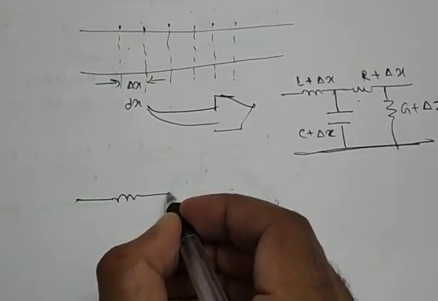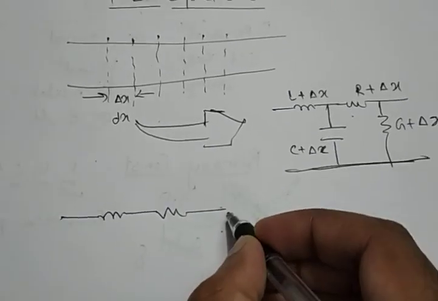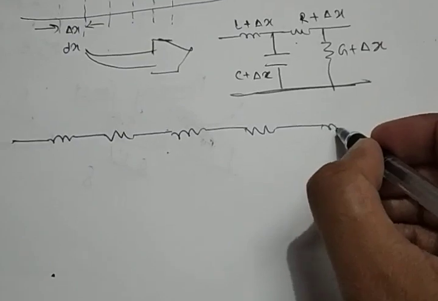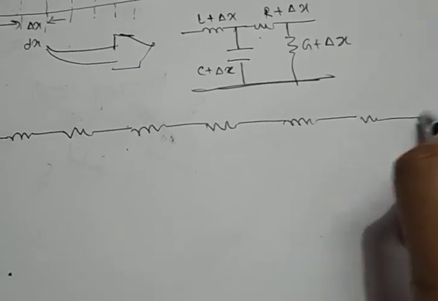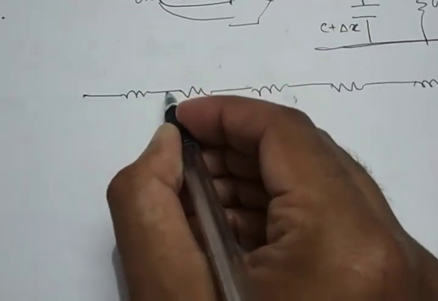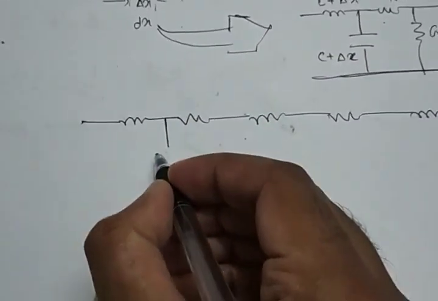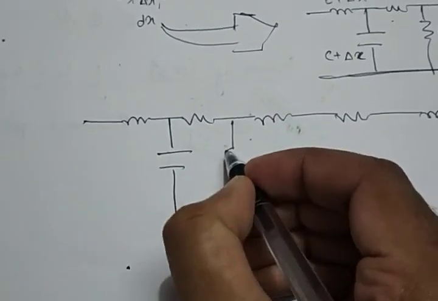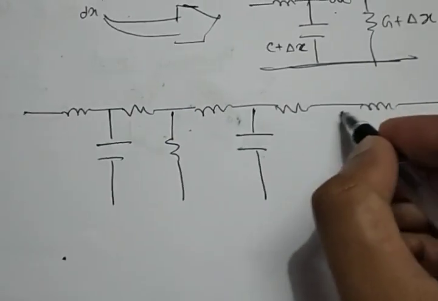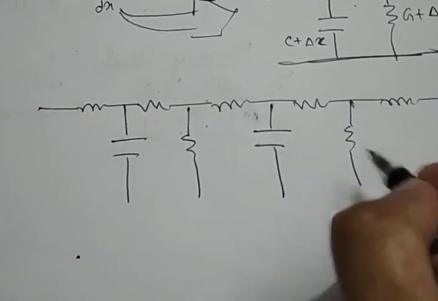We may have L, R, L, R, L, R, and so on, and similarly C, G, C, G, and so on.